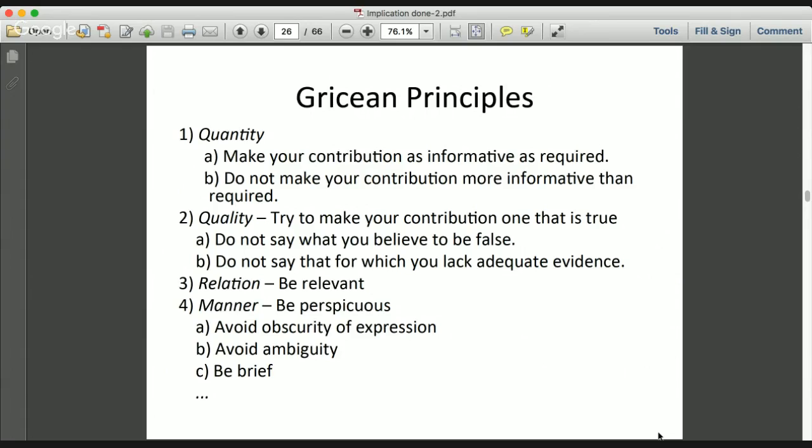Be relevant, be perspicuous, so avoid obscurity, avoid ambiguity, be brief, and so on. This is a very long list, so I'm just giving you the initial beginnings. I'm only going to say what's relevant to our topic, and don't worry, I will wheel back to our material conditional problem.